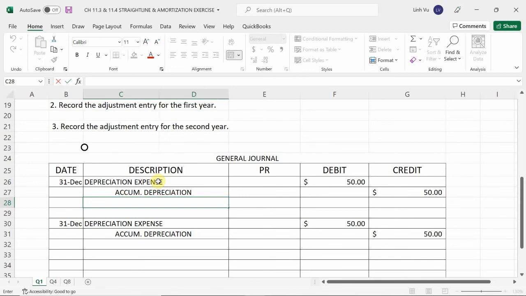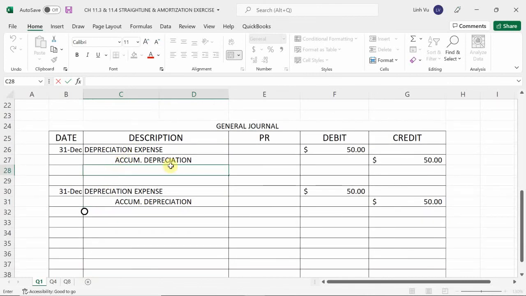So no, you don't credit expenses. You increase them with a debit. To decrease an asset, yes, you credit it. But expenses are things that you buy for operating the business, right?